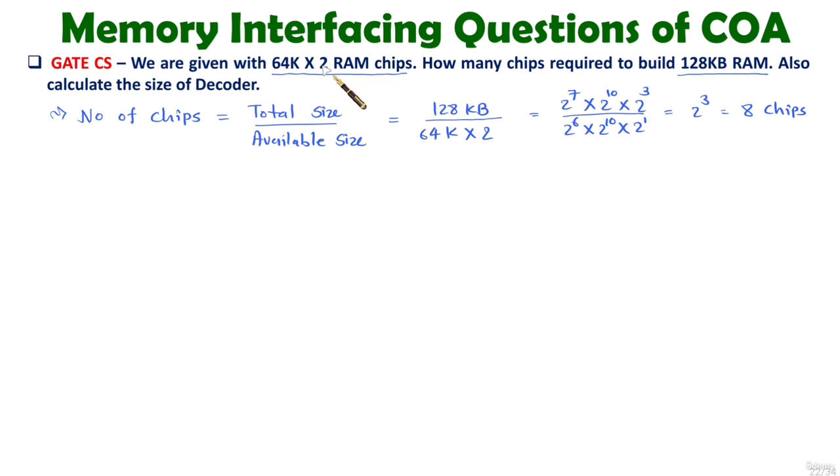Let me explain this by drawing first. After that I'll explain how we can use the formula. Here we have the available chip, 64K cross 2. Let me draw that first.